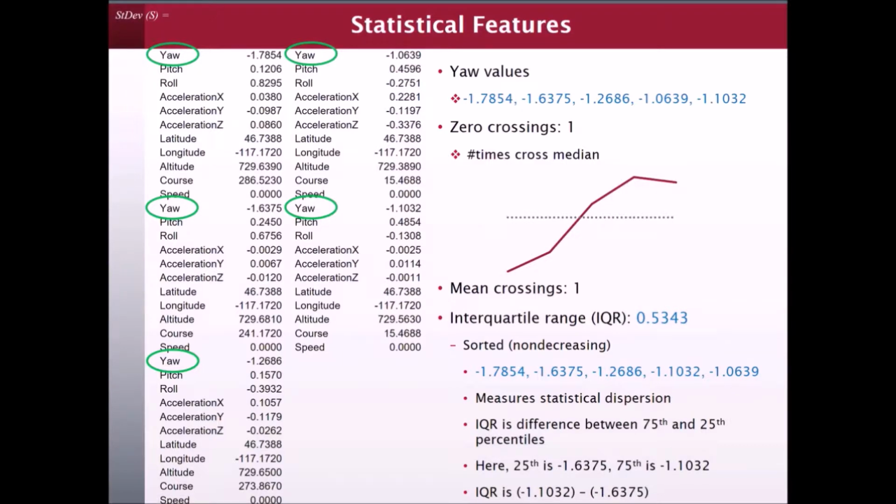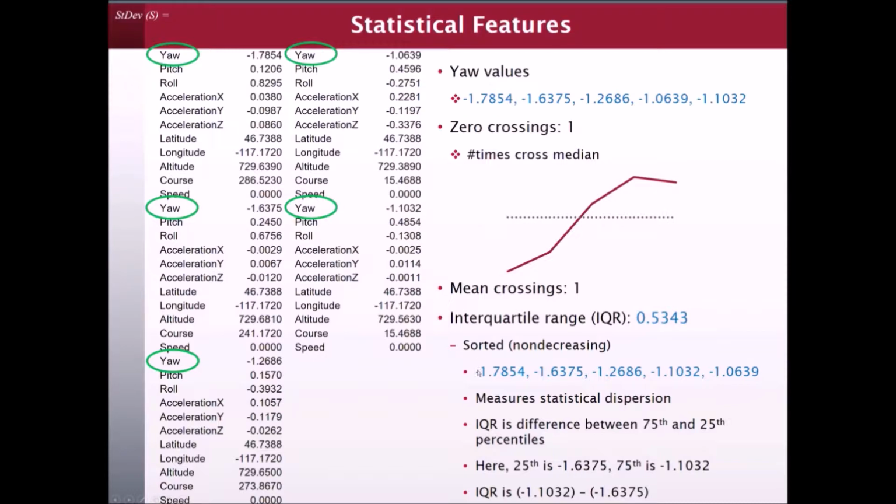In addition, we compute interquartile range, or IQR, which gives us a sense of the statistical dispersion of the observed values. To compute this, we first sort the list of observed values in non-decreasing order, and here we have them for our yaw values collected over 5 seconds from the smallest value to the largest value. IQR looks at the difference between the 75th and 25th percentiles, where percentile indicates what position you're looking at in the sorted list.